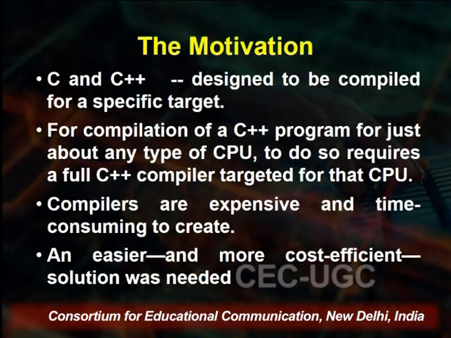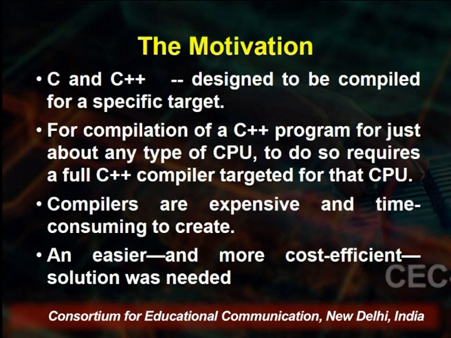Now, were C and C++ not good enough to fulfill this motivation, the problem of embedded software in consumer electronics? Let us look into C and C++. Basically C and C++ were designed to be compiled for specific targets, whereas what we are looking for is architecture neutral.